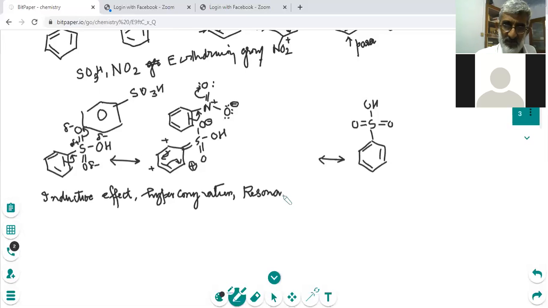These three are the main electronic effects affecting the reactivity of different compounds.